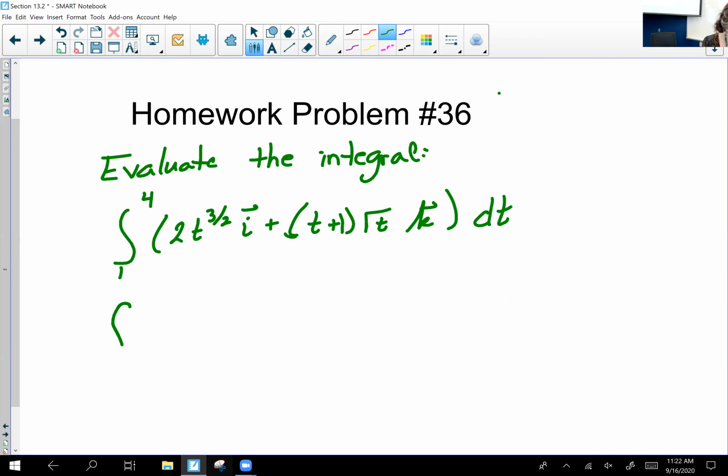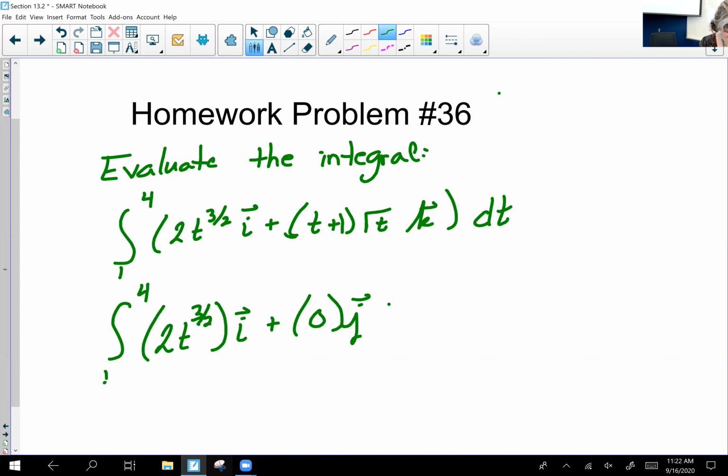That then becomes the integral from 1 to 4 of 2t raised to the 3/2 i plus 0j plus (t plus 1) square root of t k dt.